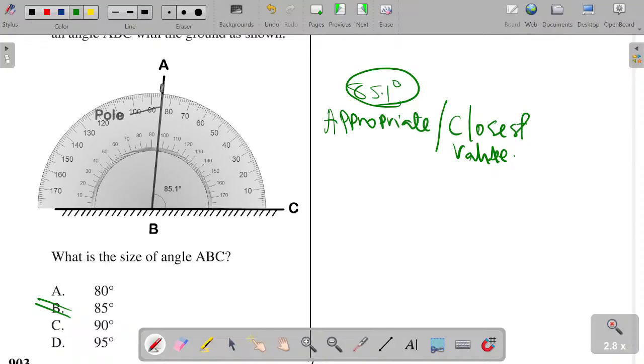So that is the size of angle ABC. I read it from C, and I read in that direction. I read the outer scale, and this is what I got.